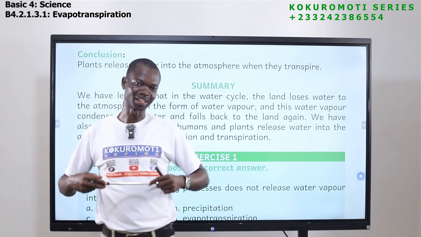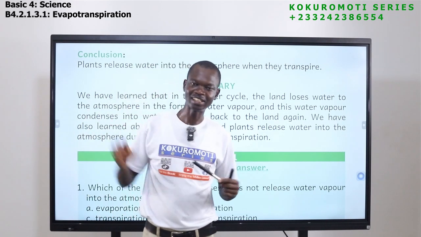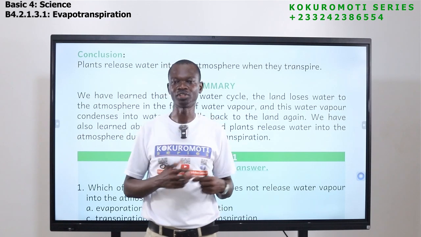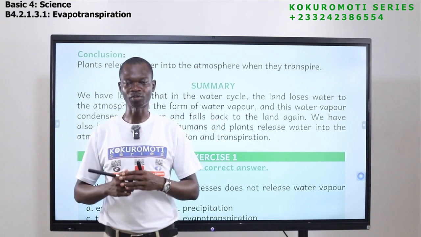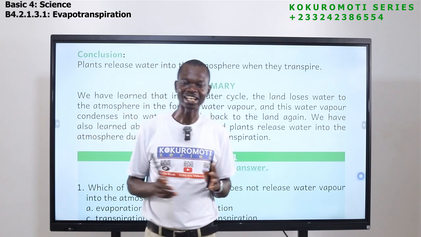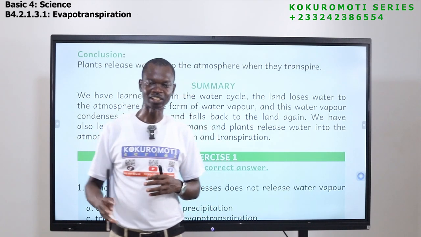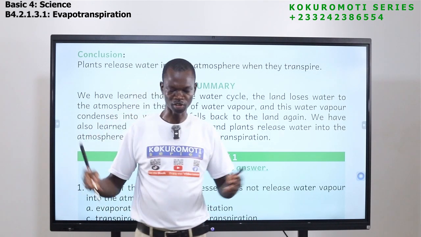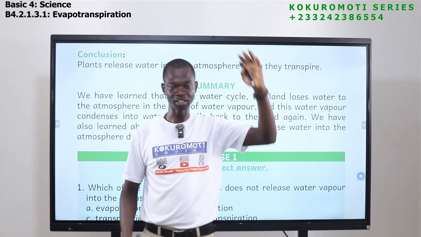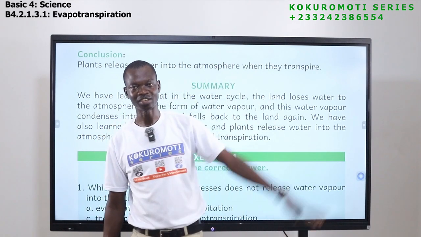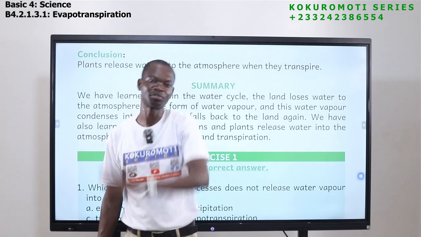And this is what you should understand, that anytime it rains, these are some of the things that happen before we experience rainfall. So the water cycle involves so many things. I've explained to you that it is the movement of water from the ground to the atmosphere. It goes to the atmosphere, it comes back to the ground again. Then from the ground, it goes to the atmosphere, it comes back like that.